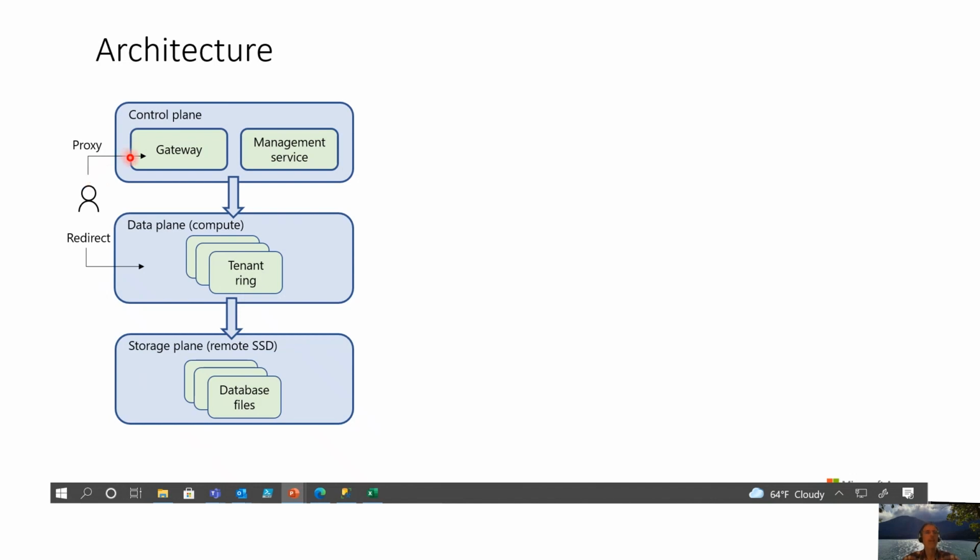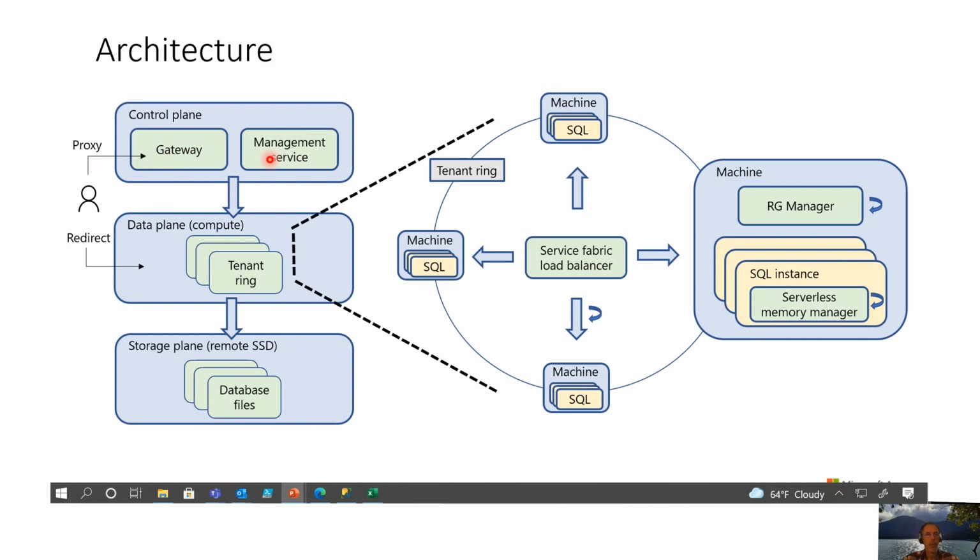Then on a subsequent connection attempt, the gateway will authenticate that client, pass control over to the management service, which will identify a tenant ring and then work in cooperation with the service fabric to identify a specific machine within that tenant ring that has sufficient capacity to handle the scaling operations for that database that's being resumed.